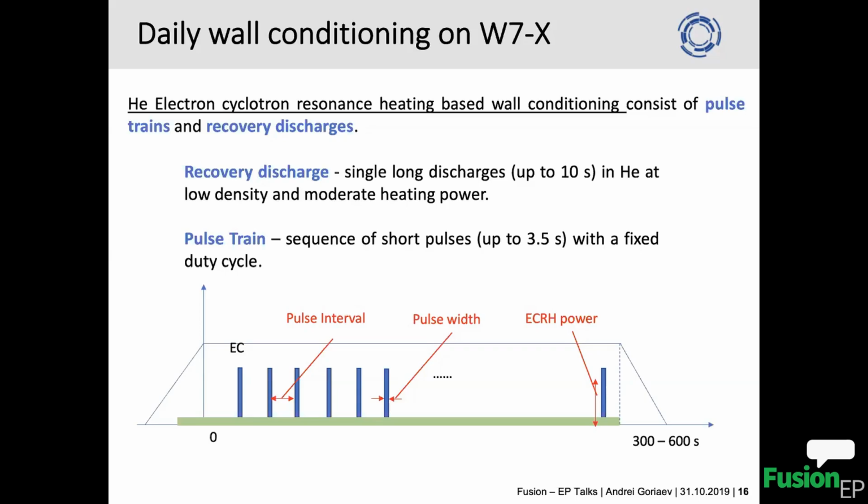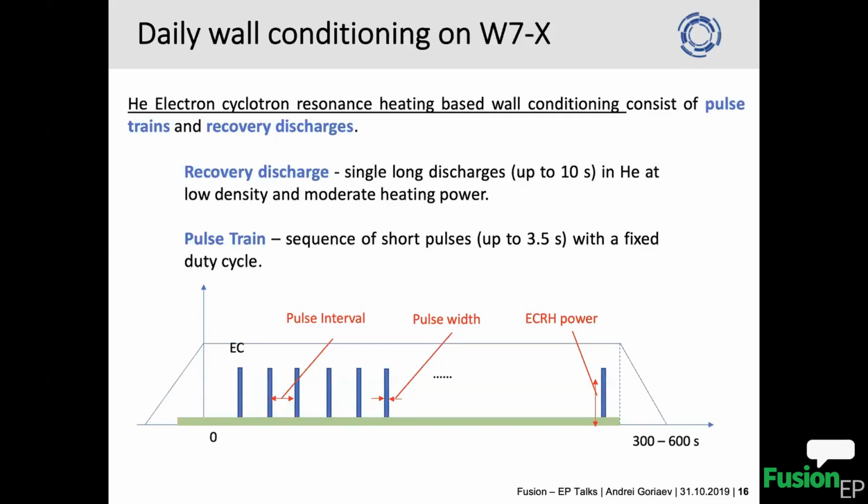The idea behind the application of helium electron cyclotron wall conditioning is to create a high neutral flux, which will escape the plasma and interact with plasma-facing components, releasing the hydrogen out of them.